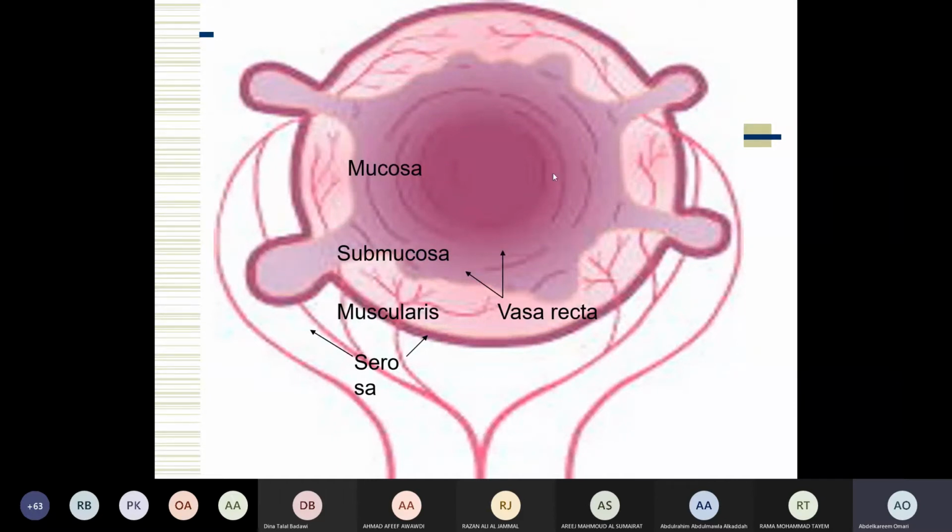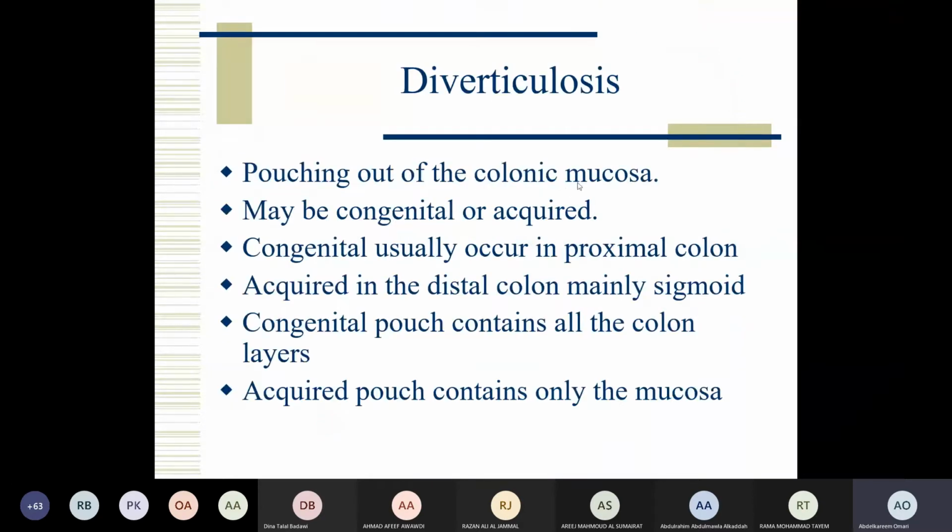Now, the diverticulosis may be congenital or acquired. We have congenital diverticula, like the Michel's diverticula. متى بنقول congenital?